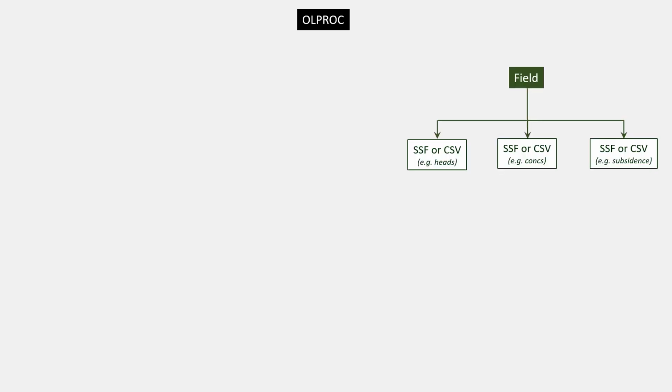Finally, let me talk a little about a program called OLPROC. OLPROC can be downloaded from the PEST web pages. OLPROC does a lot of what we talked about up until now, but also some extra things. OLPROC can read field data from site sample files or from CSV files, provided those CSV files adopt certain protocols.